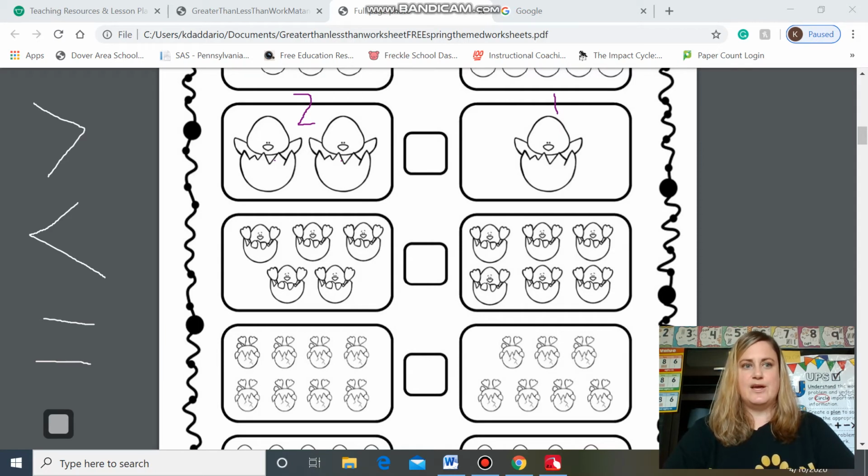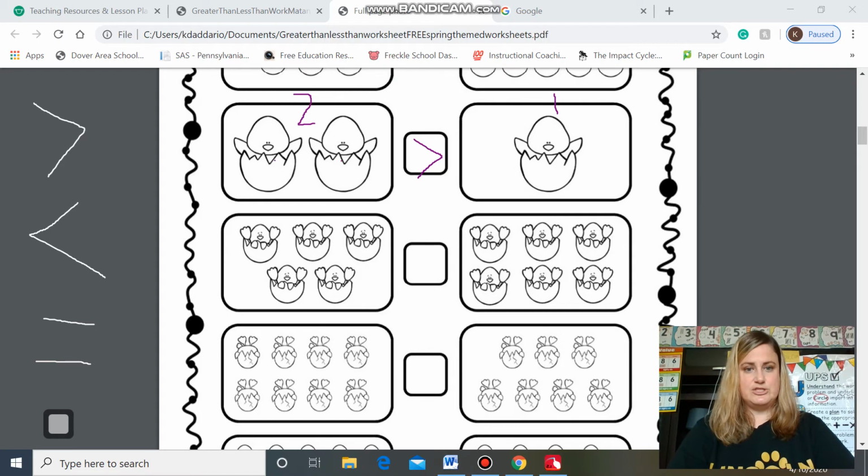If you're looking at the bigger opening, which group does the mouth want to eat? 2 or 1? So if I look, I know 2 is more than 1, so I'm going to use my greater than sign. And when I read my sentence, it would say 2 is greater than 1.